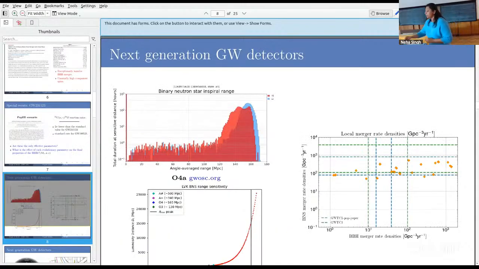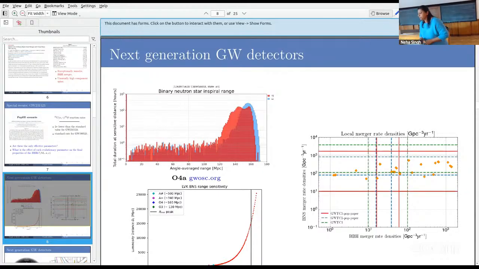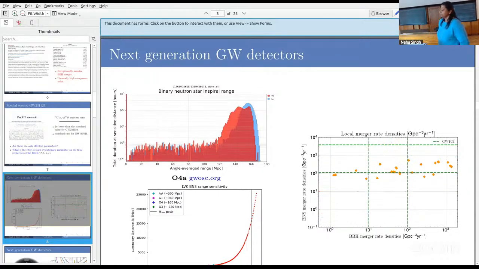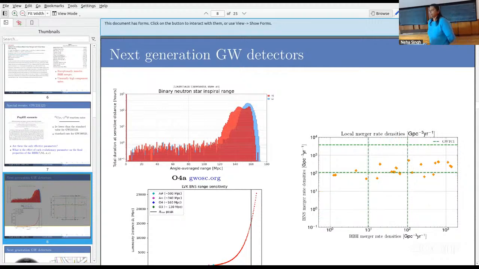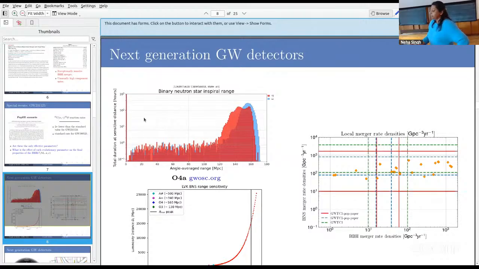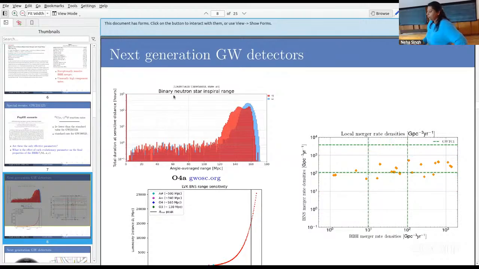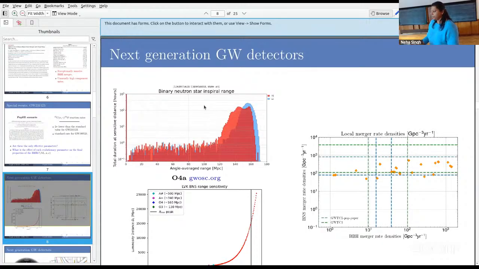So to start with the current status, on the left side, the top plot is for the O4A sensitive binary neutron star reach for the LVK. So essentially what you can see is that during this run O4A, the maximum reach was about 160 megaparsec.